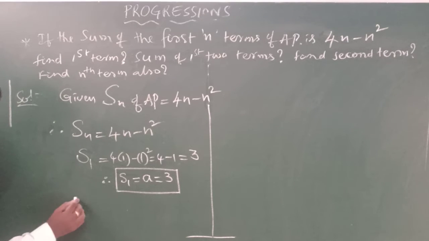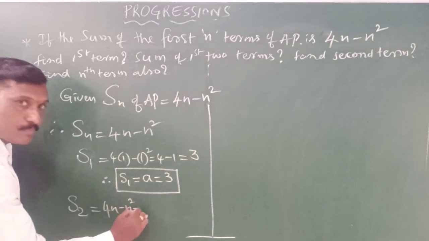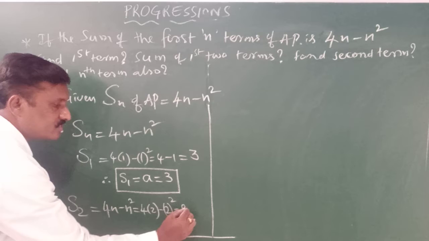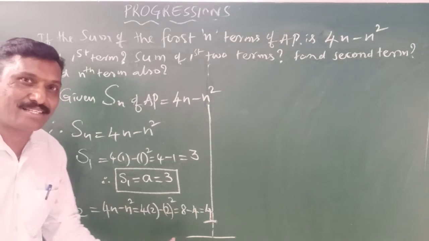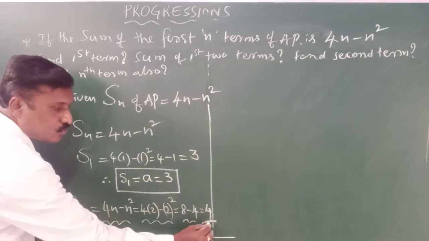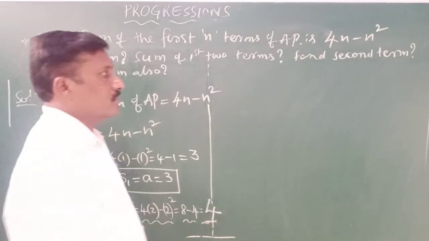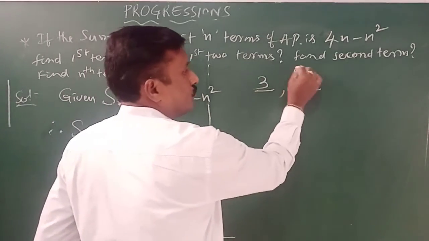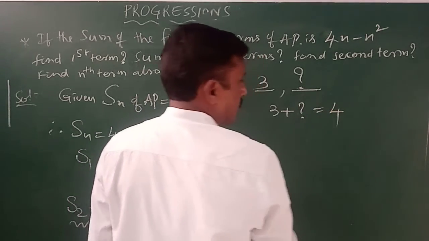Now let us find the sum of the two terms. That is 4n minus n square, equal to 4 into 2 minus 2 square, which is 8 minus 4, equal to 4. This is not the second term. It is the sum of the two terms, which is 4. That means the first term plus the second term: already you got the first term as 3, so 3 plus question mark is equal to 4.